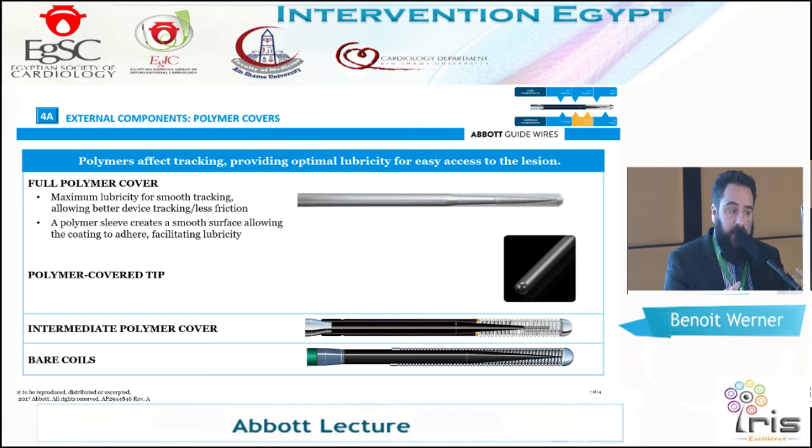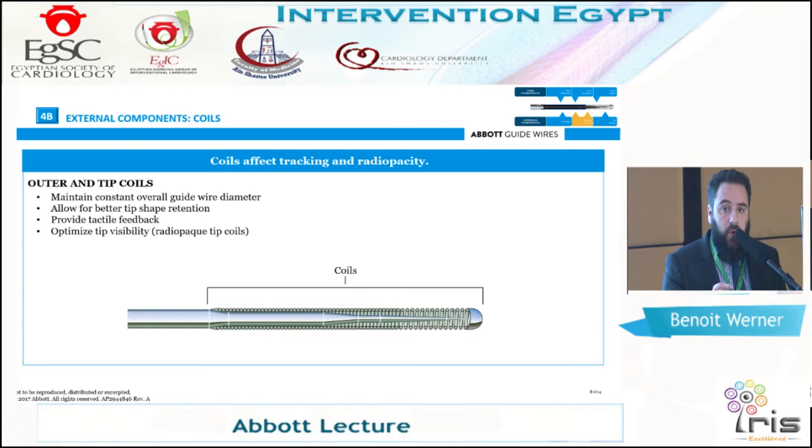So this combination between the coils and the core properties will really help to keep this shape retention more or less. And finally, of course, the coils optimize the tip visibility, the radiopaque tip coil. It's one of the key things during guide wire usage.